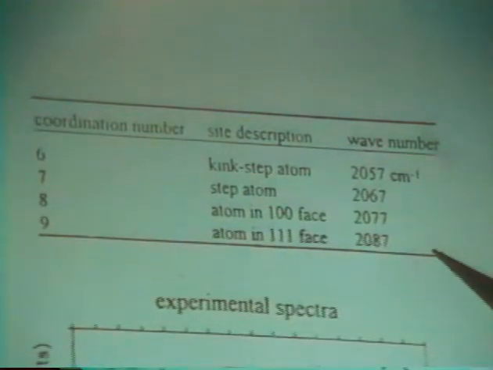This all comes from analysis of extended single crystal data with the reflection absorption technique, not our work, but work from the literature. And you see, depending on the coordination number, you get different wave number, varying linearly with coordination number with steps of 10 reciprocal centimeters.